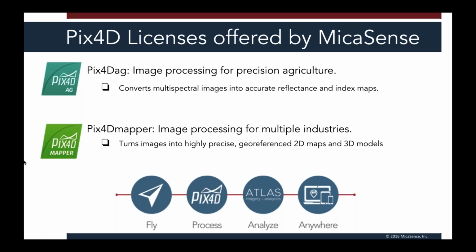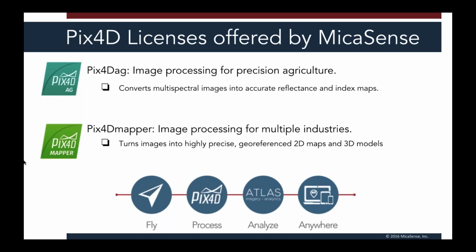But if you're doing multispectral imagery, and in addition to that, MicaSense has two different Pix4D licenses offered. One is Pix4D Ag, the other is Pix4D Mapper. And as I was saying, Pix4D Ag is a good solution for someone who's doing exclusively multispectral imagery and is just looking for reflectance and index maps as an output.